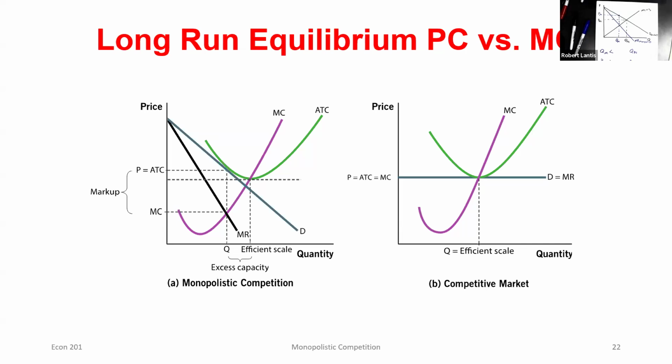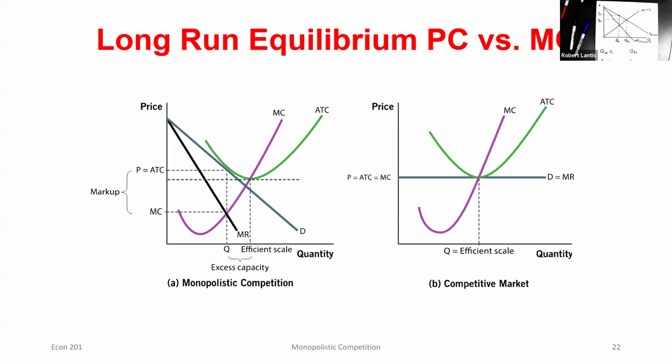So if I was looking at the average firm, adding these all up to figure out what the average market price and total market quantity would be, so I can compare the markets, not just the firms. Well, if every firm is going to choose a lower quantity than a perfectly competitive market, when I add them all up, what's going to be true about the monopolistically competitive market's quantity?